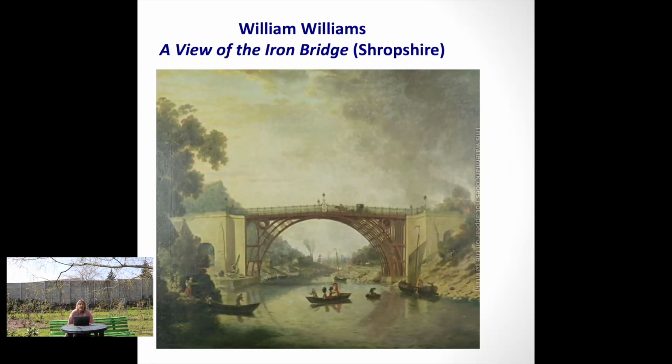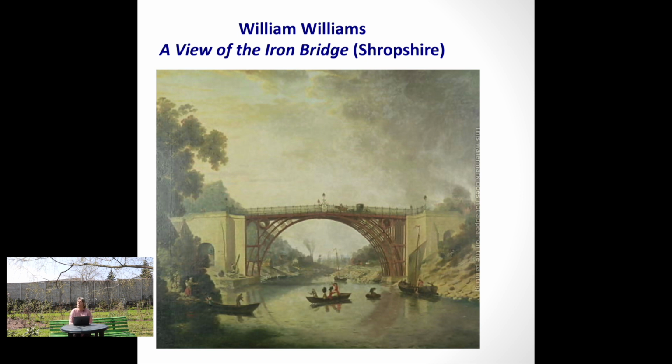So here we have an example of a painting by William Williams, a view of the Iron Bridge, the famous Iron Bridge in Shropshire, the first bridge of its kind. I hope you remember the structure itself.